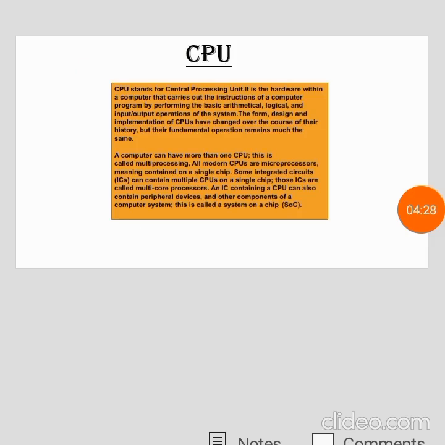It is the hardware within a computer that carries out the instructions of a computer program by performing the basic arithmetic, logical, and input-output operations of the system. The form, design, and implementation of a CPU have changed over the course of its history, but its fundamental operation remains much the same. A computer with more than one CPU is called a multiprocessor as well.